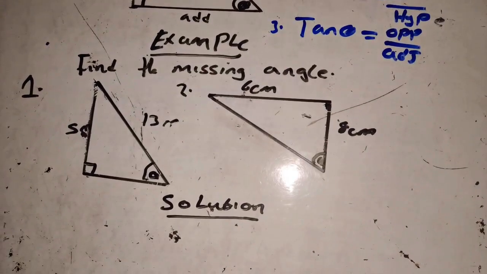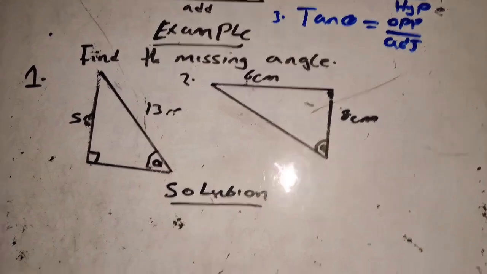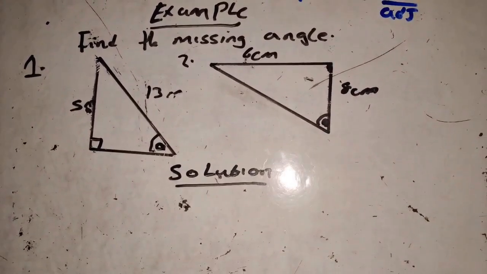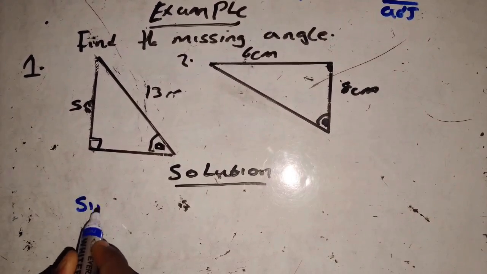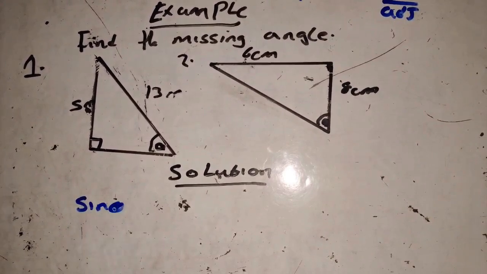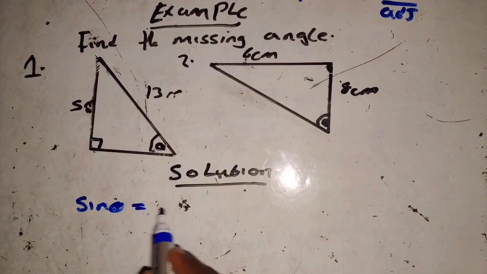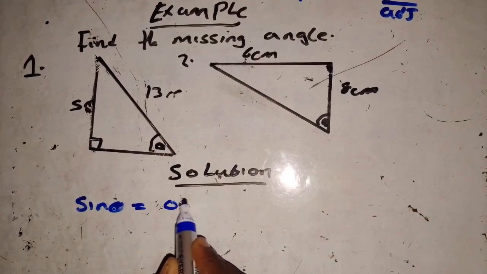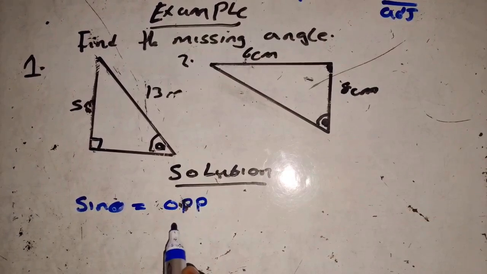So here we have sine theta, which is equal to opposite over hypotenuse. Class, what's our opposite?